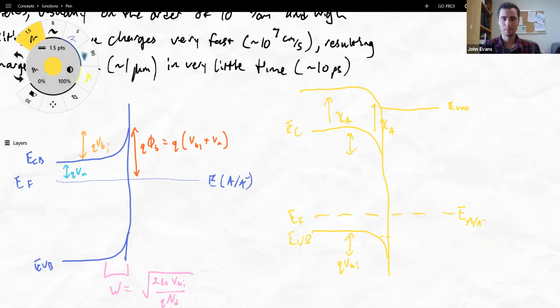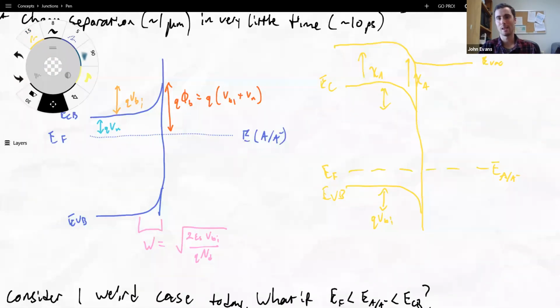So now it is easier to pull electrons off inside of our depletion width because we built up negative charges. So now we have negatively charged acceptors, which makes sense. You have excess negative charge, it's easy to pull it off. But remember, the electron affinity stays the same because we have the same semiconductor.